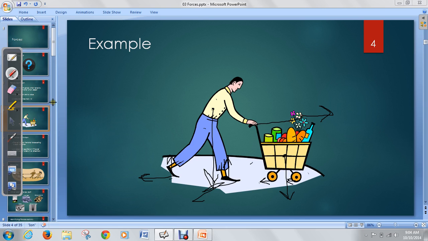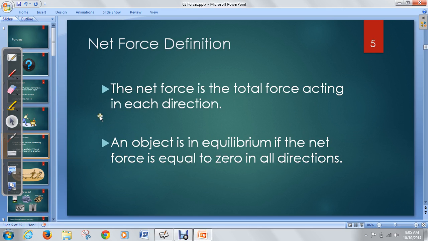And in a lot of scenarios, we can't model every single force. So what we need to do is find a good way to show what's happening without making the drawings too confusing or too messy. And so we use what's called net force, which is the total force acting in each direction.